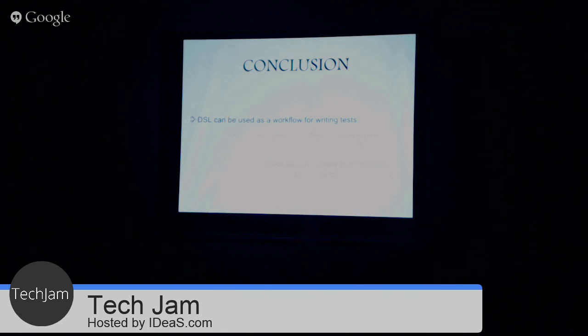The conclusion is that you should think of DSLs as a workflow for writing tests. You know exactly where to go, where to add, modify or update. If you go by the standard way of testing, you have to start pretty much from scratch to write the test. Then there is a separation of simulation and verification.